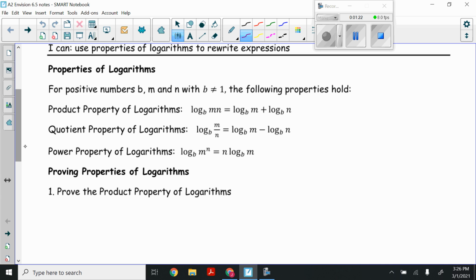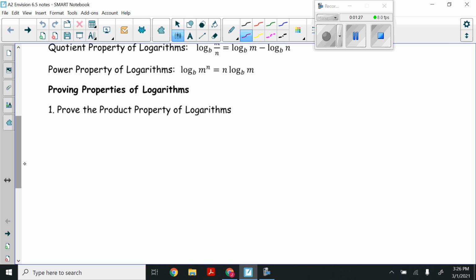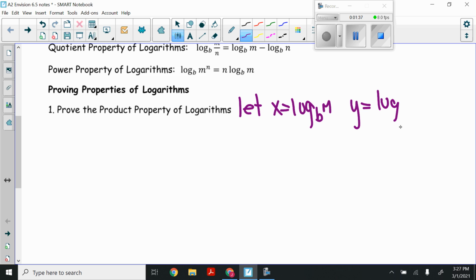So the very first one just says prove the product property of logarithms. In order to do this, we're going to let x equal log base b of m and y equal log base b of n. That way I can just write x and y and I don't have to write out the huge logarithm each time.